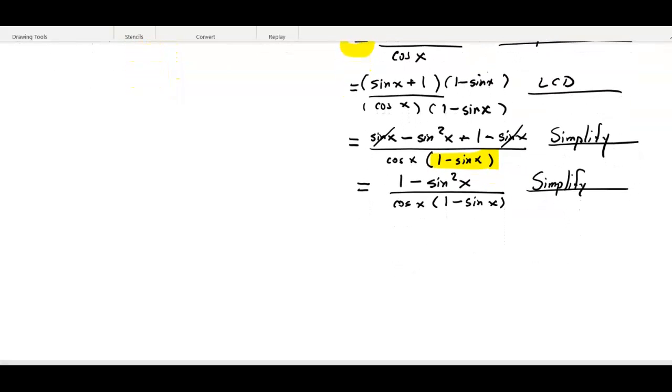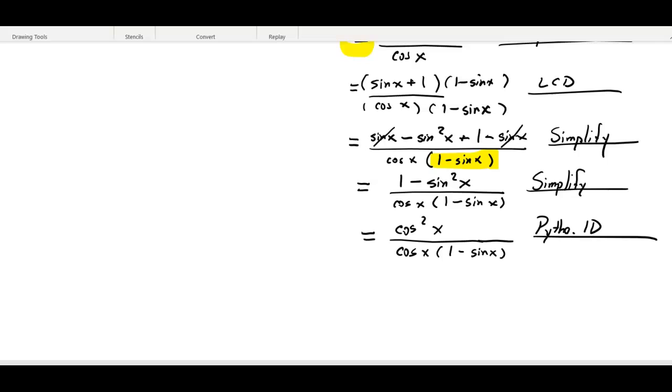Okay? I can kind of see where I'm going. 1 minus sine squared of x, cosine squared of x over cosine of x times 1 minus sine of x. Now that is the Pythagorean identity.